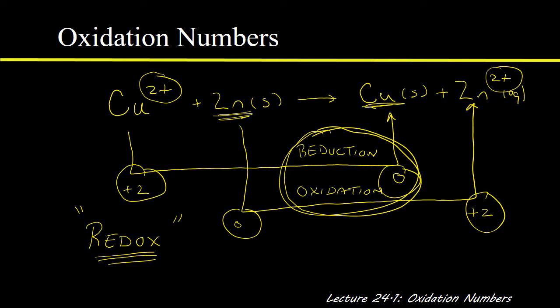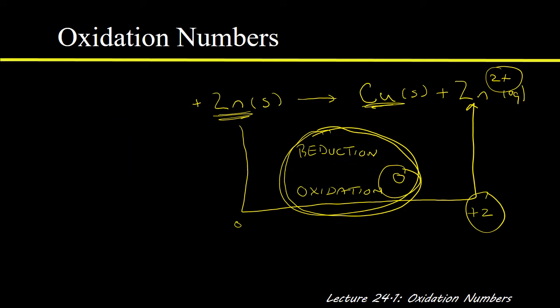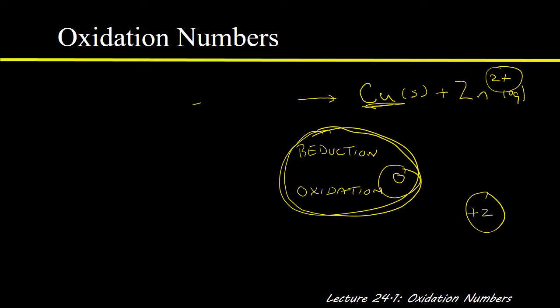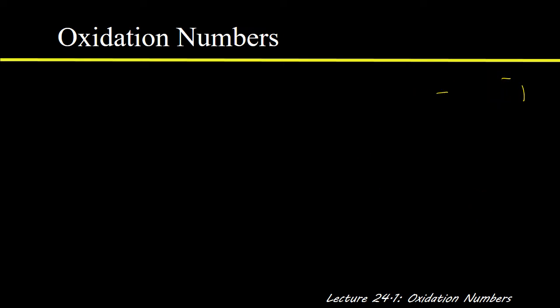So it's really easy to see when things are gaining and losing electrons. Where oxidation numbers become important is in more complicated processes, which are actually more common than these simple ones. There are a lot of different cases of reactions in which electrons are being transferred, but sometimes it's not quite so easy to see what's being transferred.